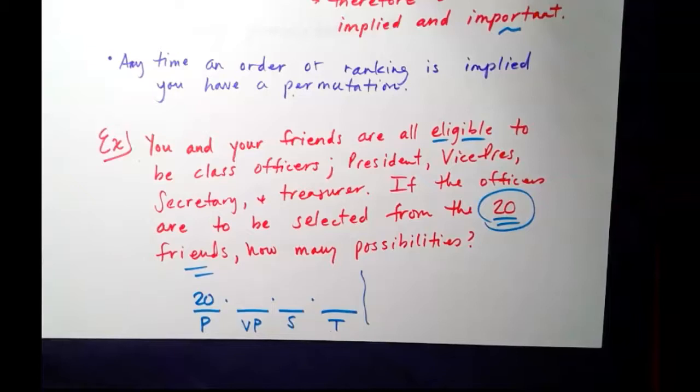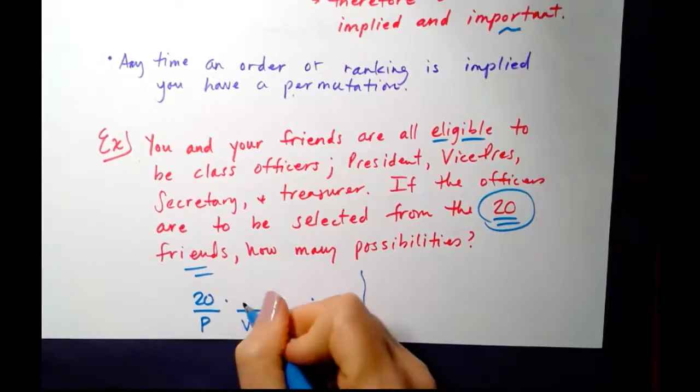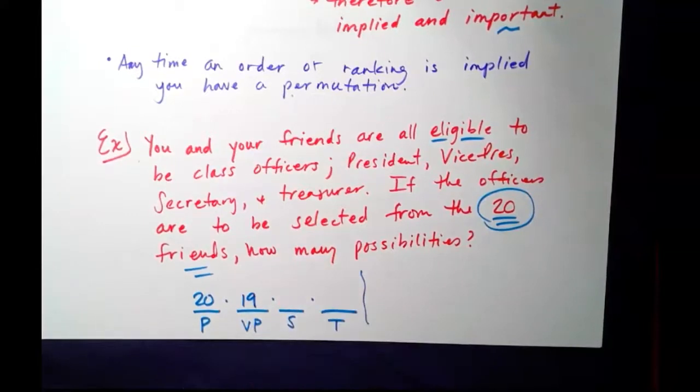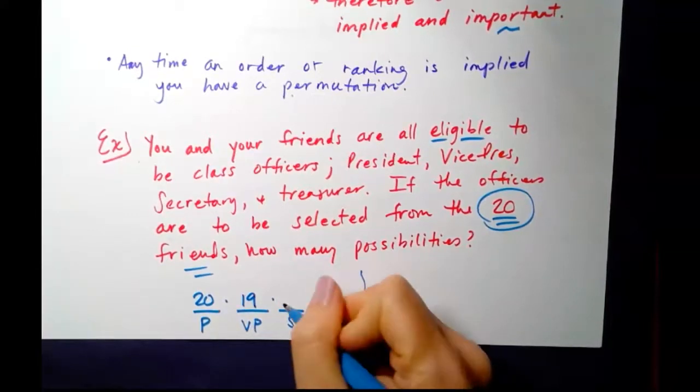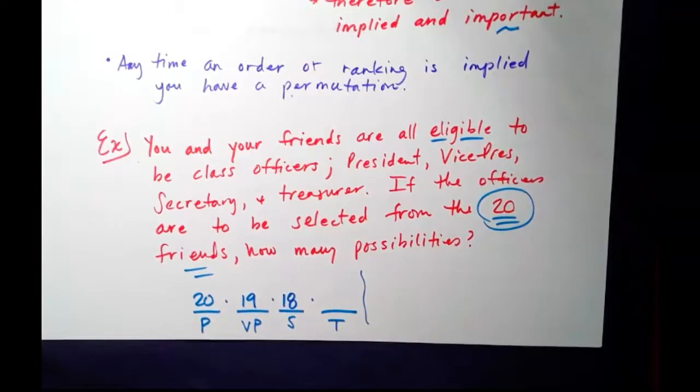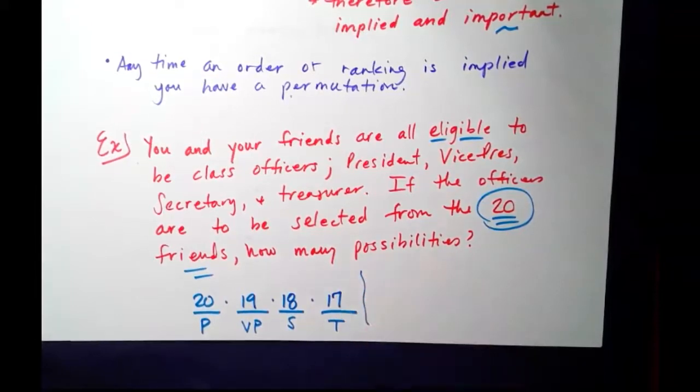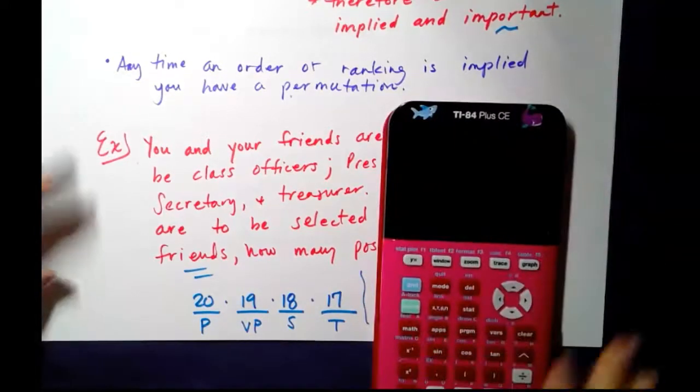Now, a person cannot be president and vice president, so these 2 events, choosing a president and choosing a vice president, are mutually exclusive of one another. Therefore, there are now 19 choices for the VP, and then 18 for the secretary, and then 17 for the treasurer.